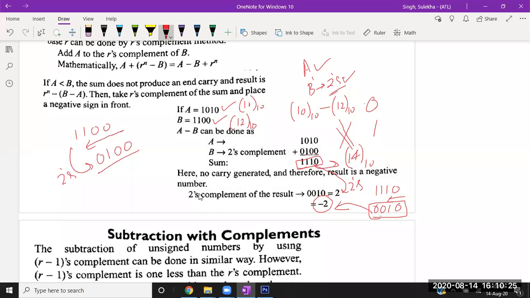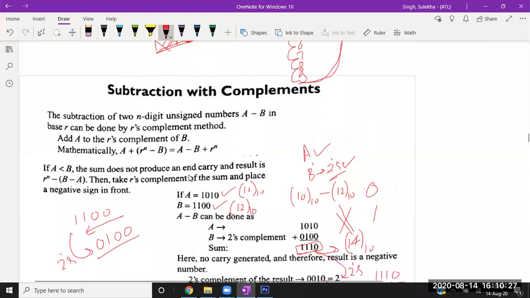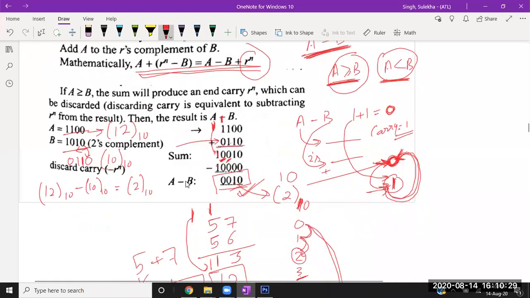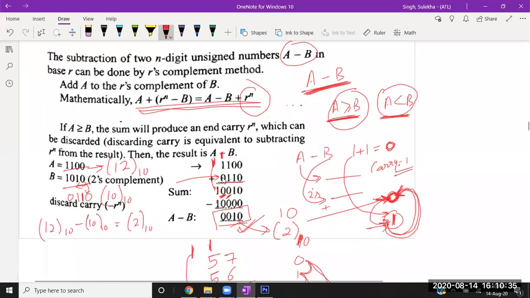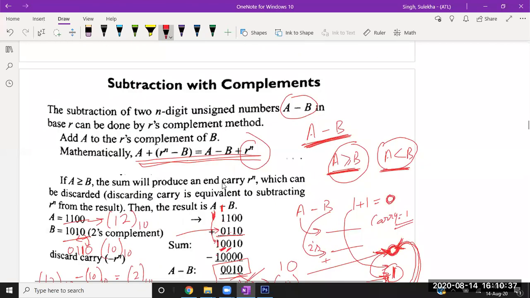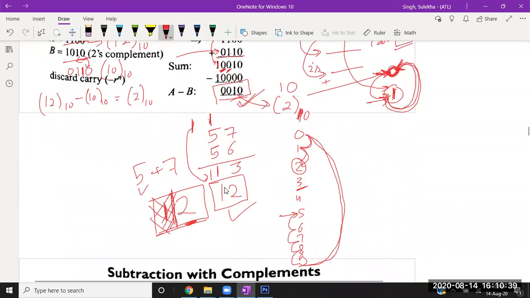But the thing is, after solving these two problems, if you want to write some lines of programming for subtraction of two binary numbers, what can you write? You need to take one number A, you don't know whether it is larger or smaller, and you need to take another number B. You need to take two numbers A and B in binary form.